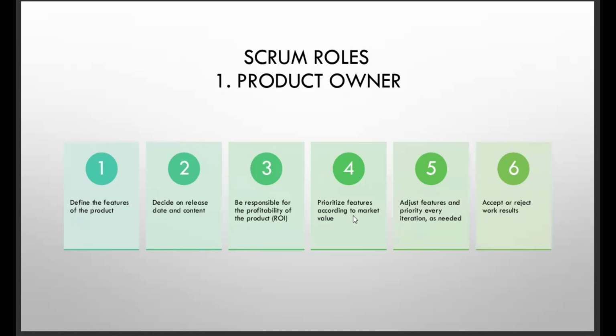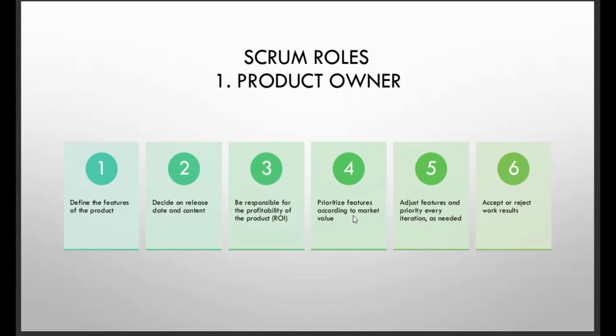Now, speaking to the Scrum roles, I'll begin with the product owner. So who is a product owner? A product owner is someone who defines the features of the product, meaning someone who defines what is to be done within that particular Scrum team. How does he define that? He interacts with the client.